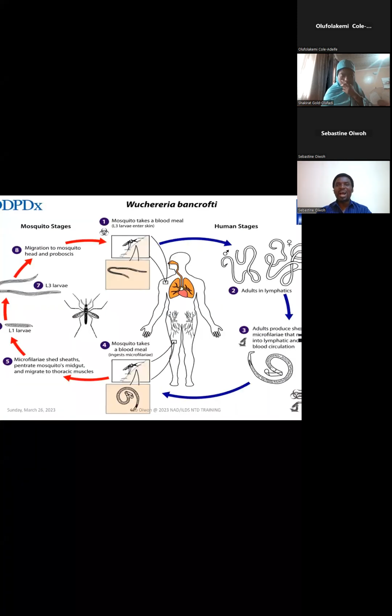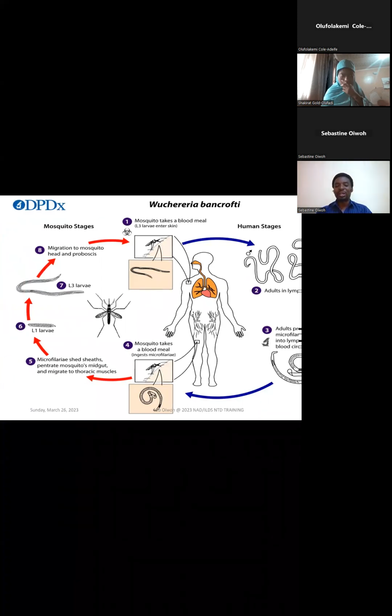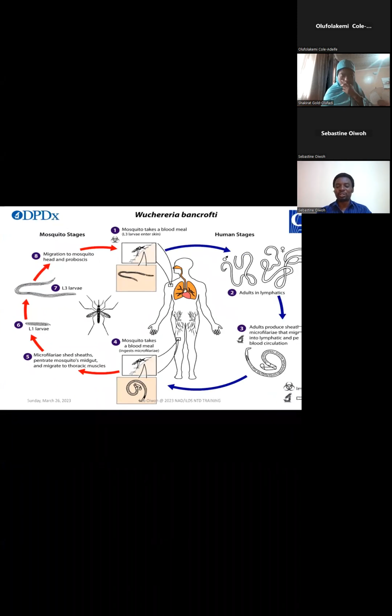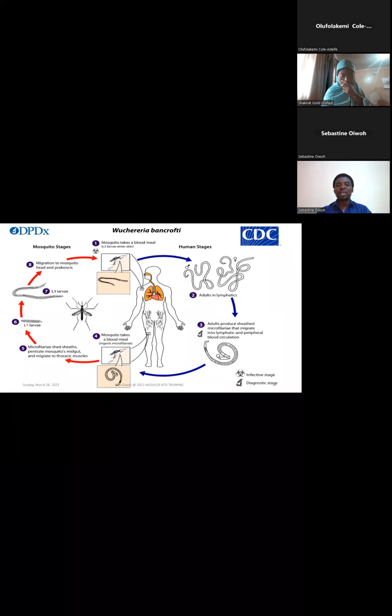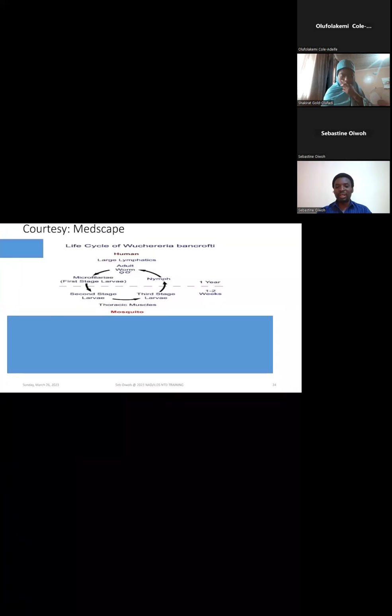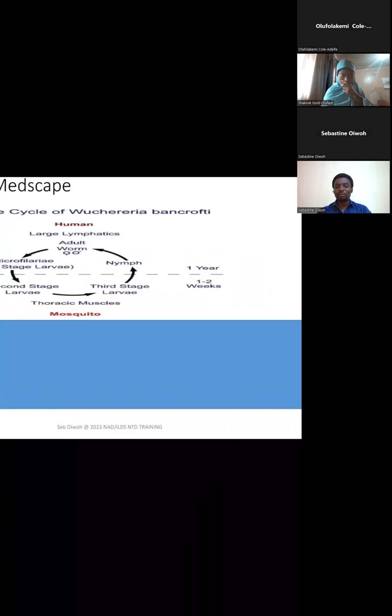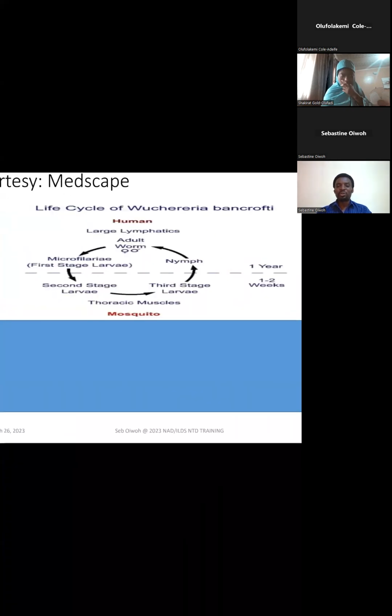Another mosquito, once it bites the host, takes up the microfilaria, and the other developmental processes continue in the mosquito until the cycle continues over and over. This summarizes all that has been mentioned and shows the duration: in humans, this can take about a year, and in the mosquito, 1 to 2 weeks.